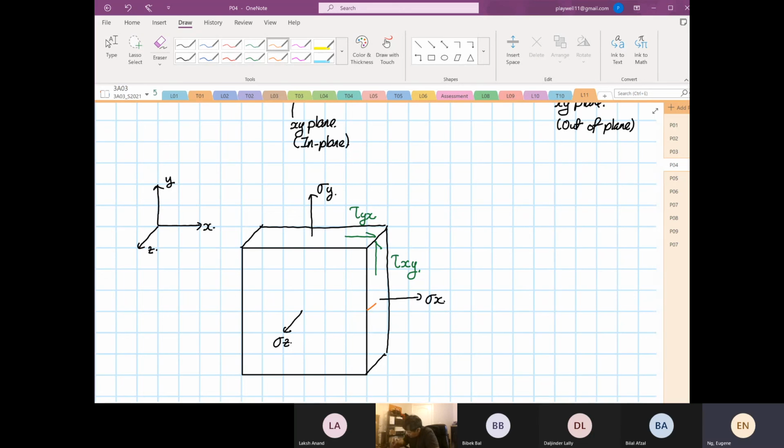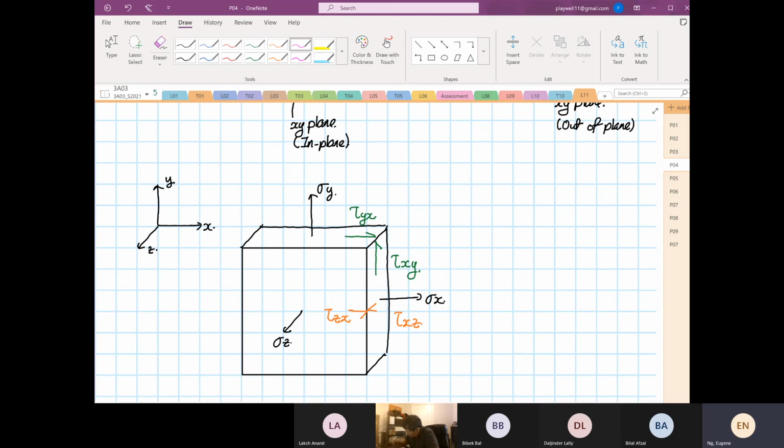So this is the other shear direction. The intersecting plane is x, or the plane intersecting the x-axis, so this is z. So this is shear, the intersecting plane is in z, and this is in x direction.